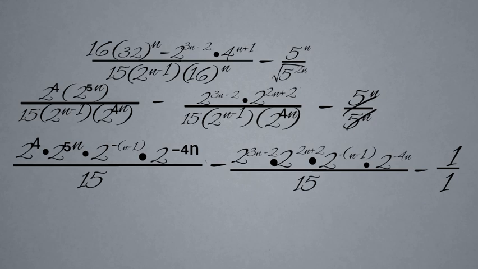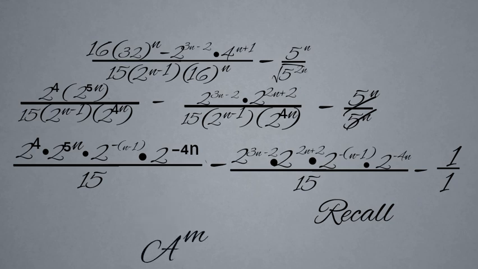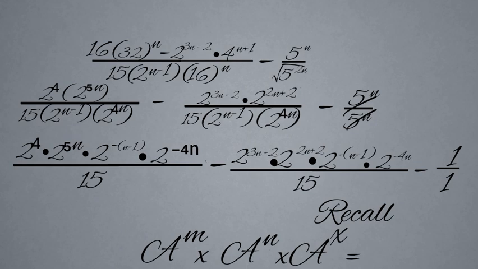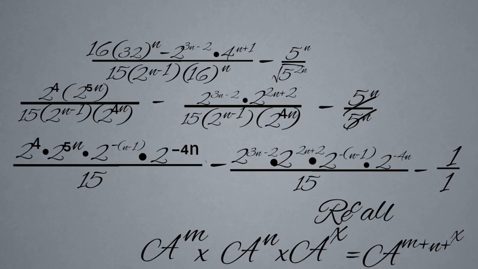So we move. Now in indices, recall, whenever you have a to the power of m times a to the power of n times a to the power of x, it will be a to the power of m plus n plus x. You're going to add the power when they have the same base, right? You pick one of the base and you add the power. So that's what I'm going to apply.